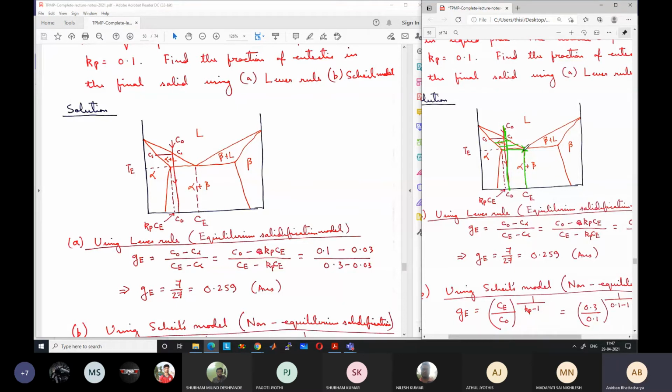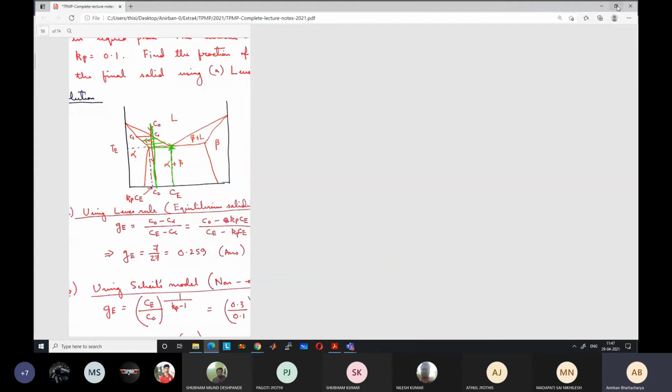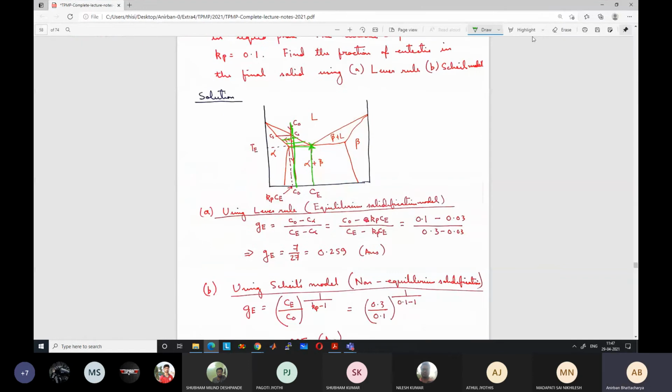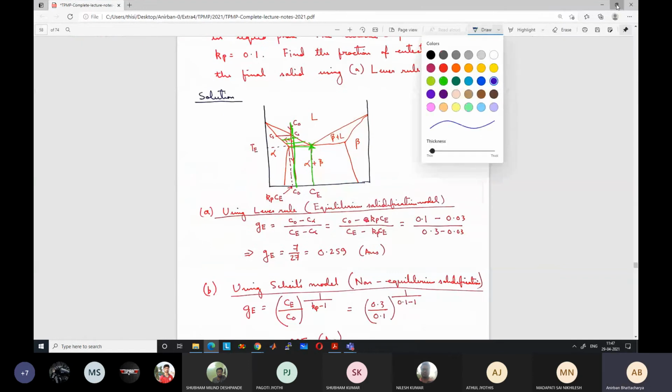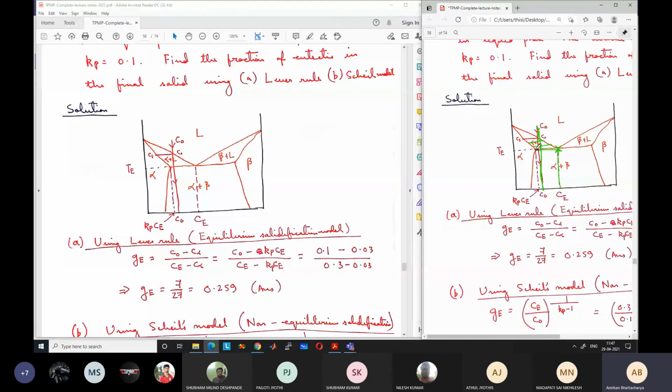What is this length? If I call this C alpha, it is C0 minus C alpha, divided by the total length, which is Ce minus C alpha. So what is C alpha? By using the partition coefficient, C alpha is clearly Kp into Ce.